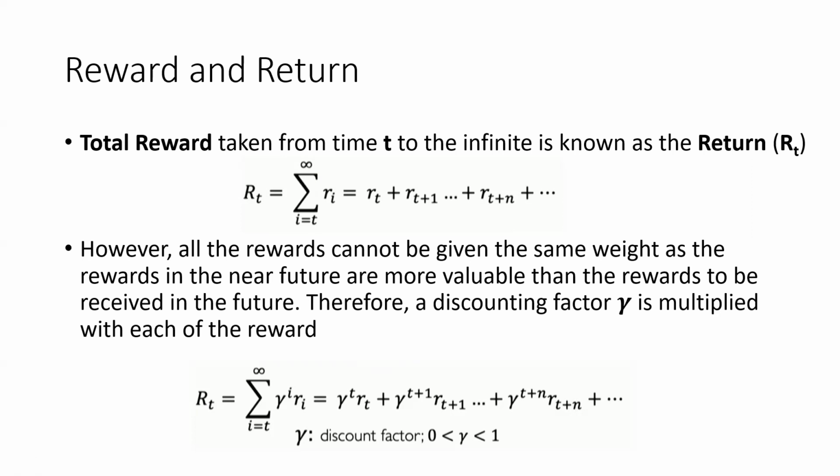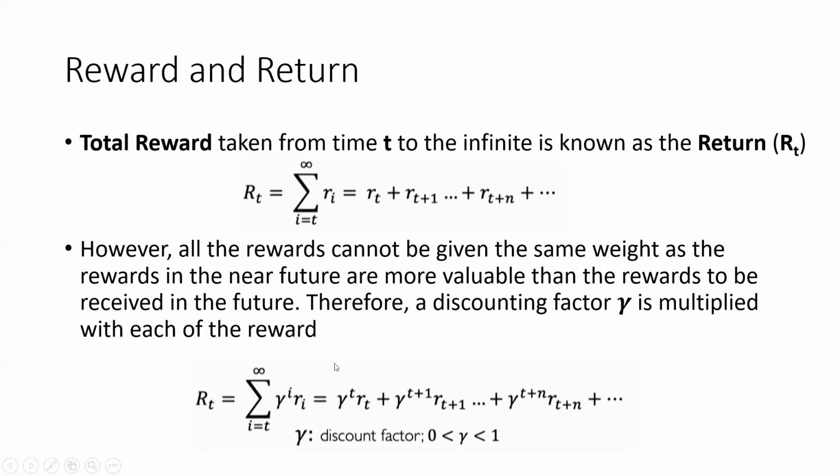The next year the reward that you get would be multiplied by the discount factor of 90% multiplied by 90%, right? So the reward should be multiplied with 0.81 to map to the current return, right?